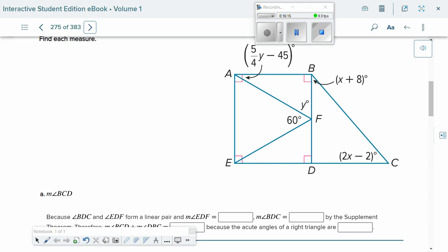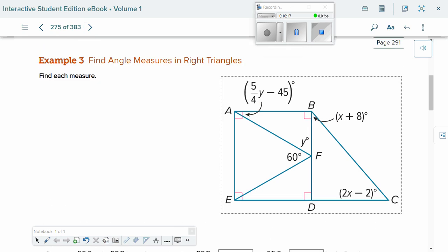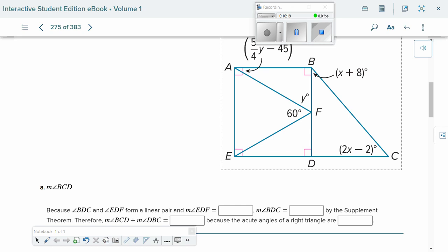If I take a look at this triangle out here on the right, so hopefully you can see it on the screen. If not, check your book. But it's triangle BDC. Okay, that's a right triangle, because if this is right out here, then that has to also be 90.